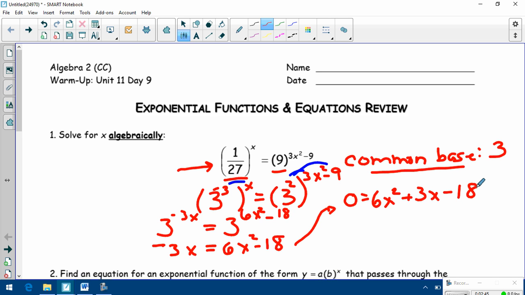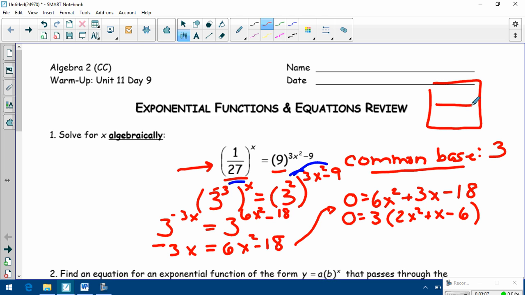Now how do I solve an equation like that? I factor. And what do I need to do first? GCF. So there's a GCF here of 3. So if I take a 3 out, that leaves me with 2x squared plus x minus 6. And then how do I factor that? Reverse box. So let me draw up here. We have 2x squared. We have negative 6.